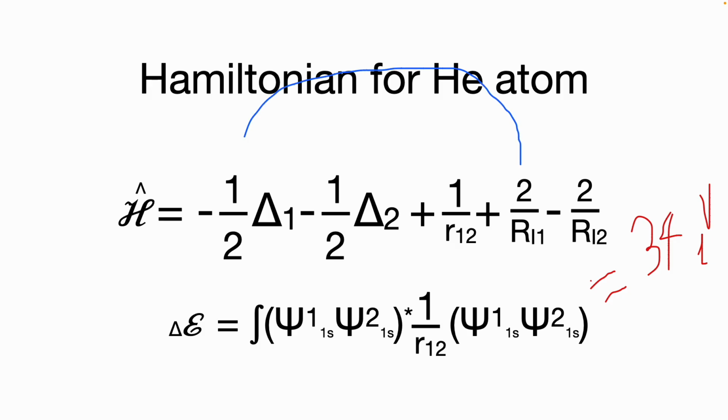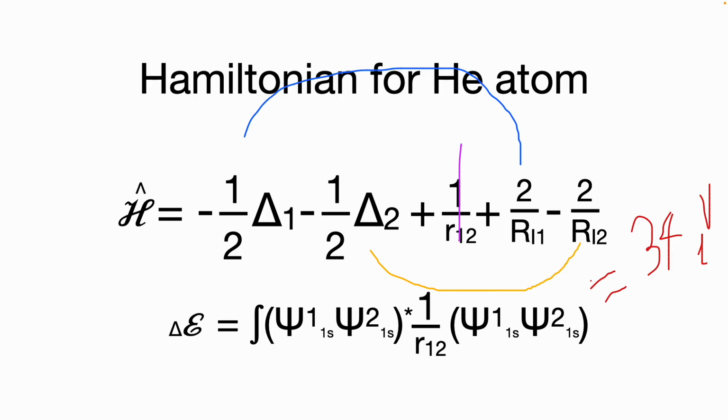This is our first component Hamiltonian that takes care of the variable pertaining to the first electron, and this is the Hamiltonian that takes care of the second electron's variable, and we neglect this term.